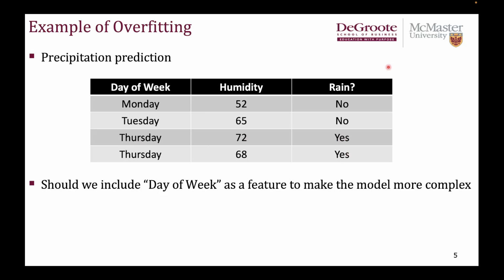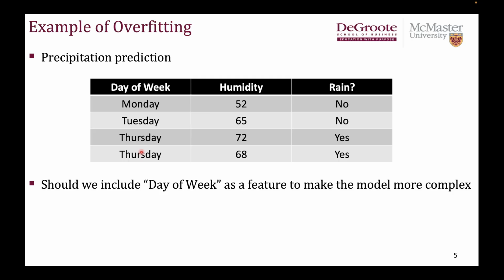And if you look at this data set, if you don't let the model know the context, it's very tempting to conclude that on Thursdays it is going to rain, right? Because that's what the data tells us. If you construct a model that says on Thursday it's always going to rain, on this training data set, the accuracy will be 100%.